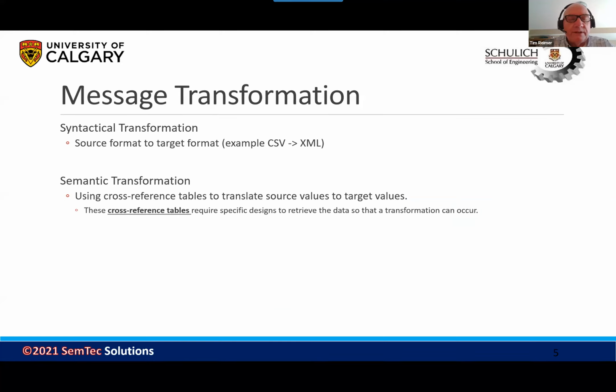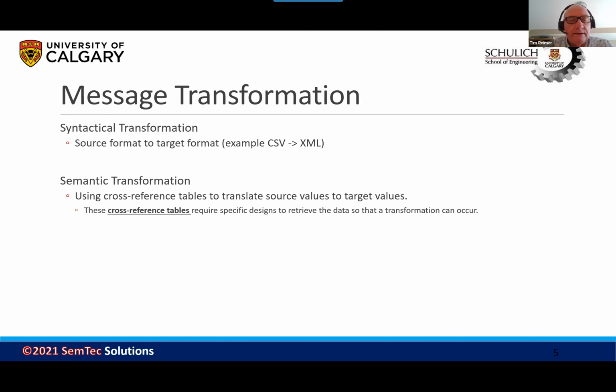Our research is focused on the semantic form, where we want to maintain the meaning as we move this data through the application. We are not interested in syntactical transformation because there are a lot of tools out there. The software vendors, like TIBCO and so forth, have done their job on that, and it's a very stable and mature environment.